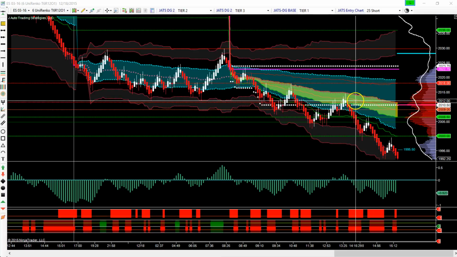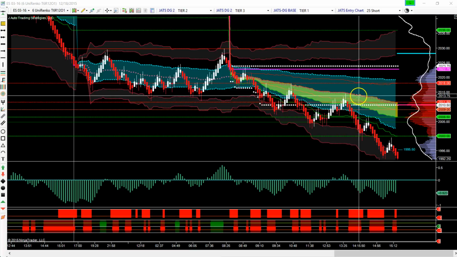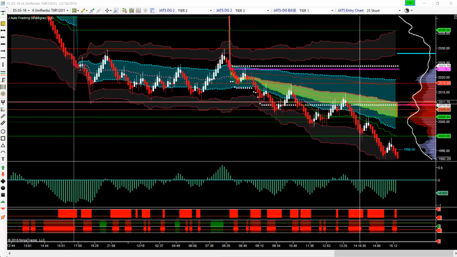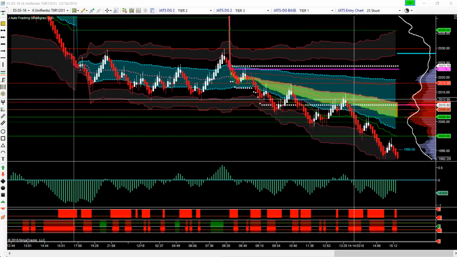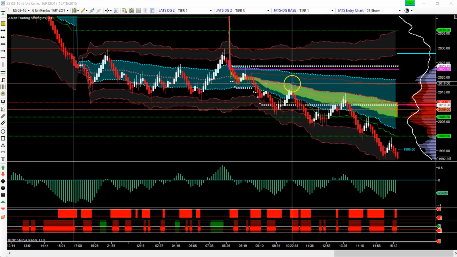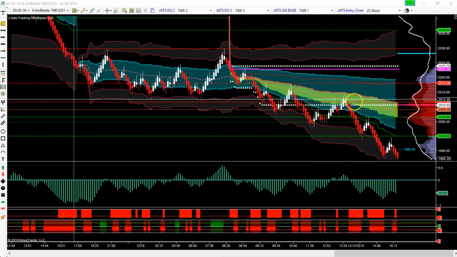But inside I have a second market profile on my chart with a 25% value area, and this is the secret sauce, because price will bounce off this 25% area.